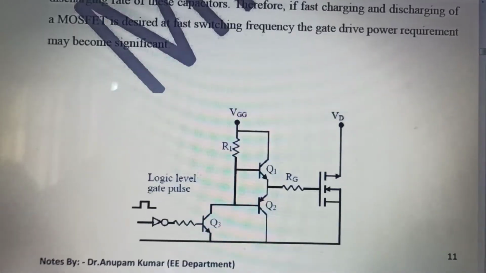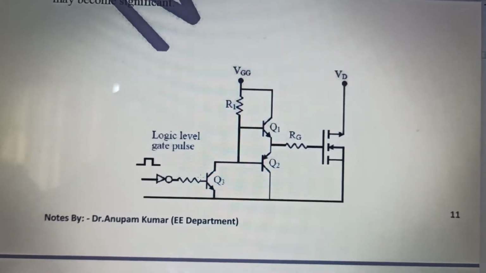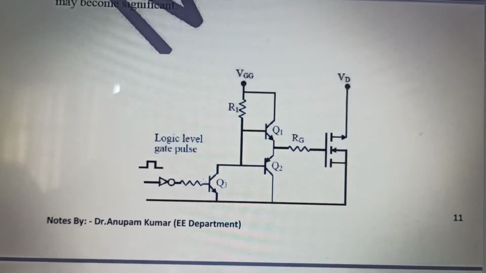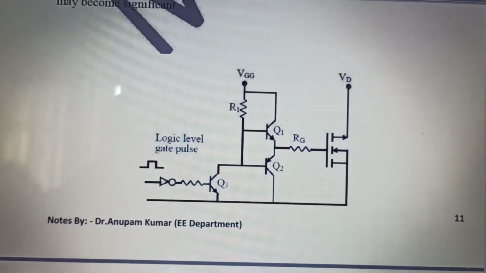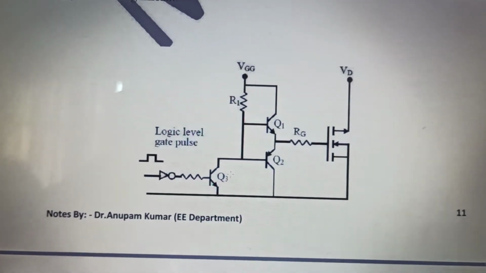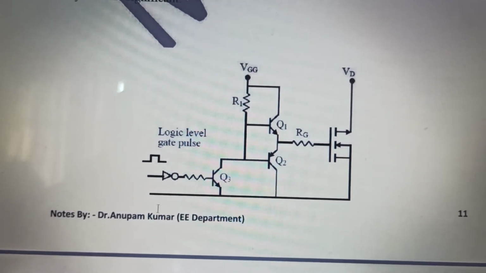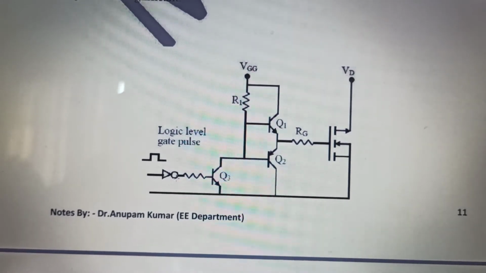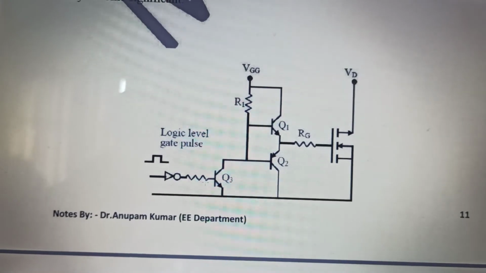Now coming to the gate drive circuits. First of all, understand this gate drive circuit. This is the basic diagram of a gate drive circuit consisting of two switches, Q1, Q2. This is the MOSFET. Now you can very well understand that when the logic level is high, then this will become low, and a low signal will not turn on Q3.